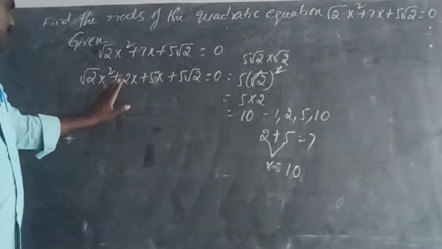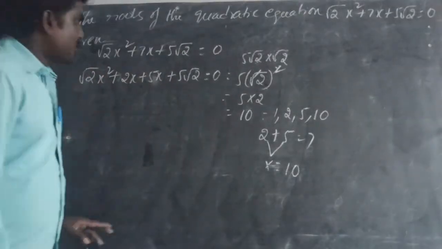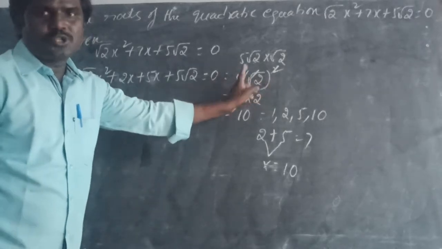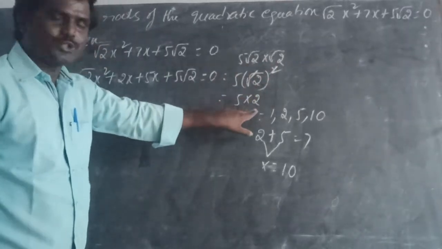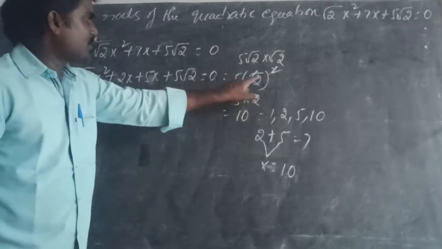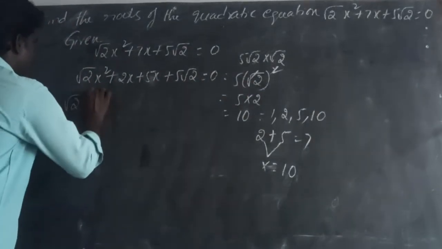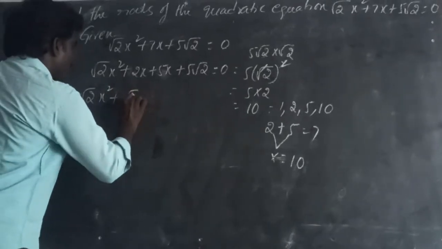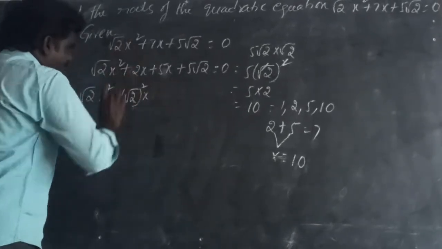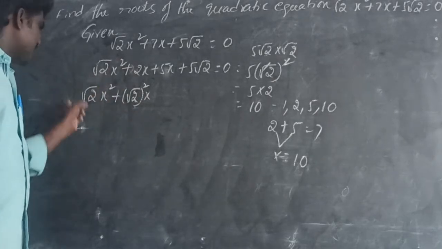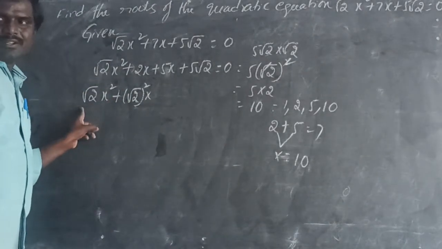Root 2 x square plus 2x: we can write 2 as root 2 whole square, because the square root cancels and gives 2. So root 2 x square plus root 2 whole square x. We write 2 as root 2 whole square because in the first term there is root 2.